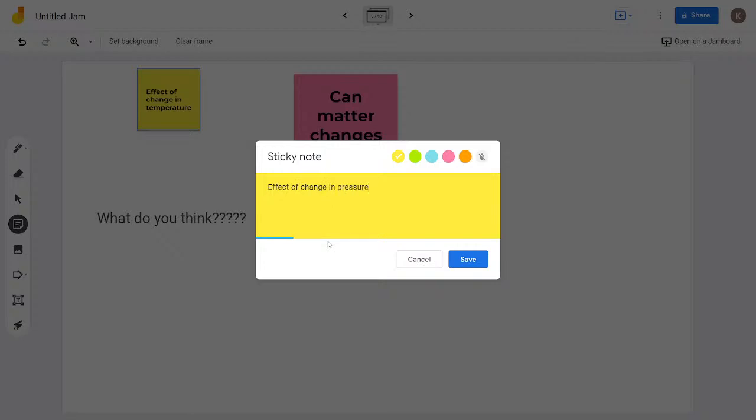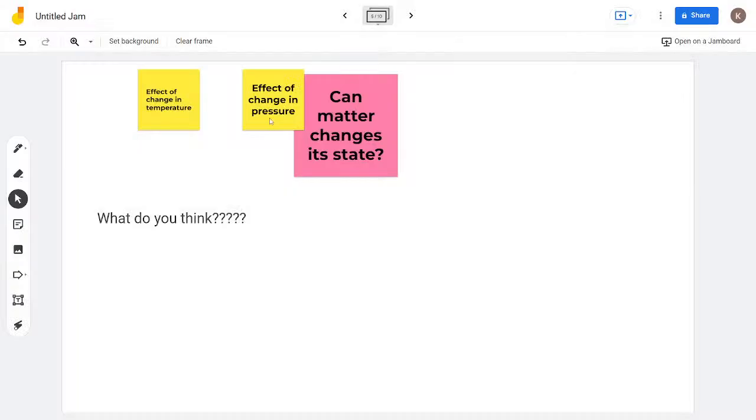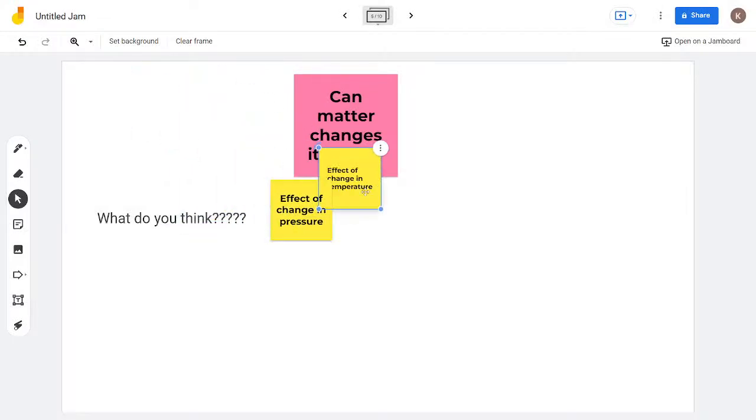When pressure changes, when temperature changes, matter changes its state.